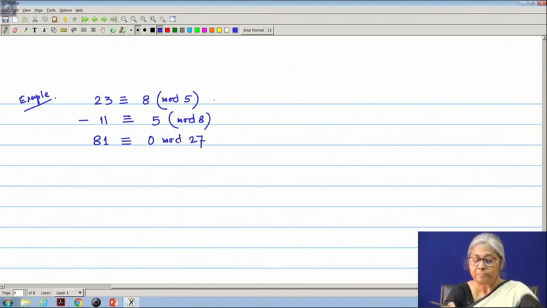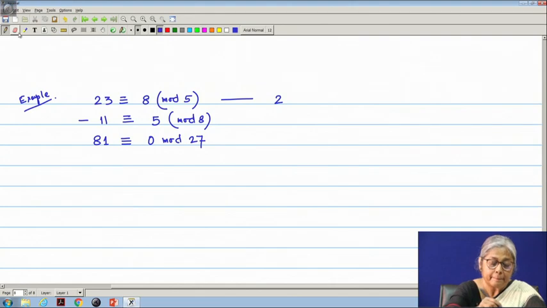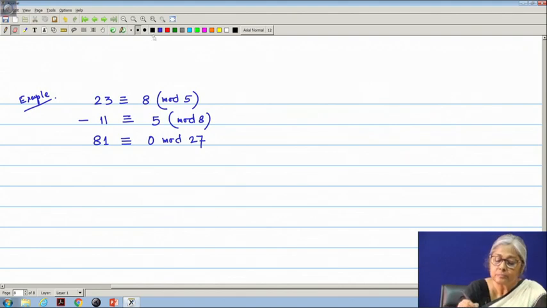So, let us explain the first one, 23 is congruent to 8 modulo 5, where n is 5. Better I write the explanation.